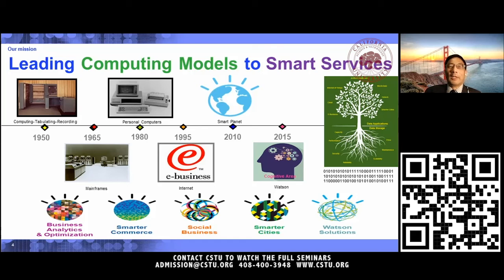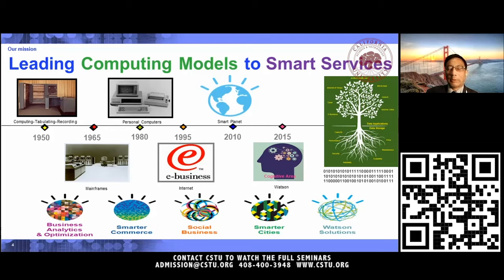Around 1998, IBM had this slogan called e-business. We tried to connect the entire world. But remember, at that moment, we connected computing devices, not any object. Only computing devices.